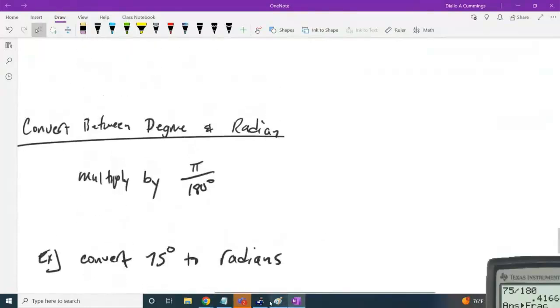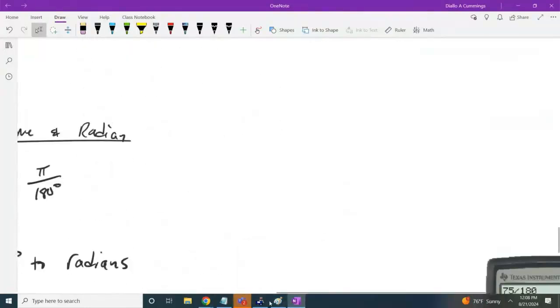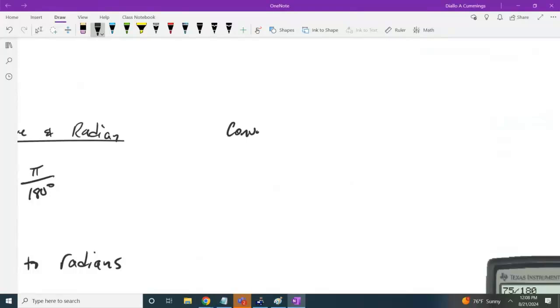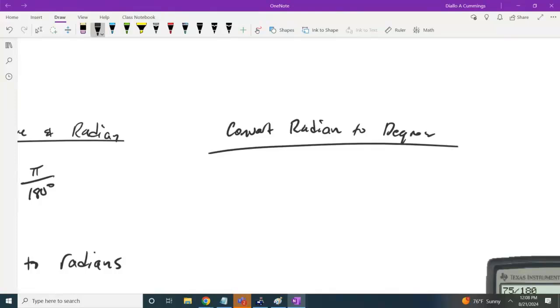Okay, now we'll go the other way around. If you want to convert from radian to degree, we multiply by 180 degrees divided by pi.